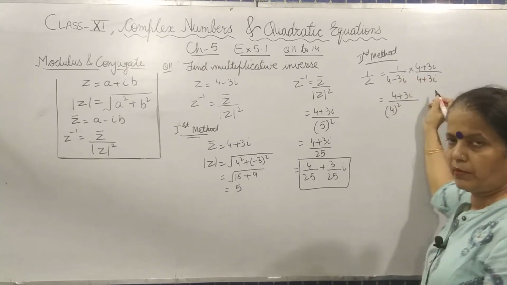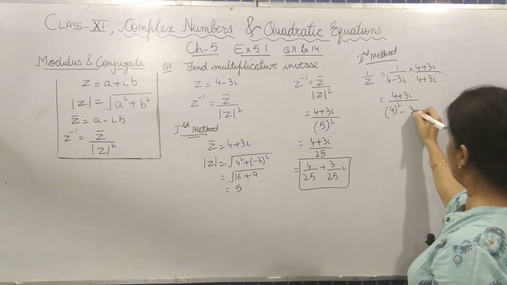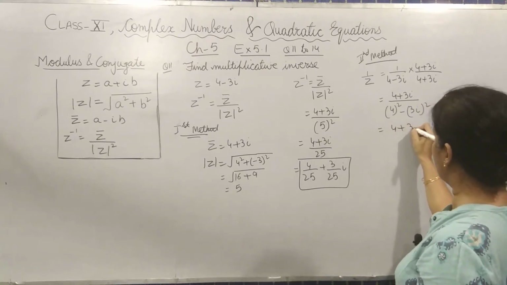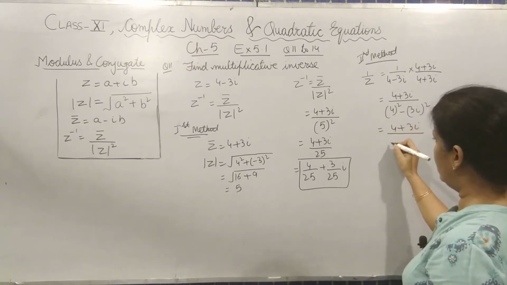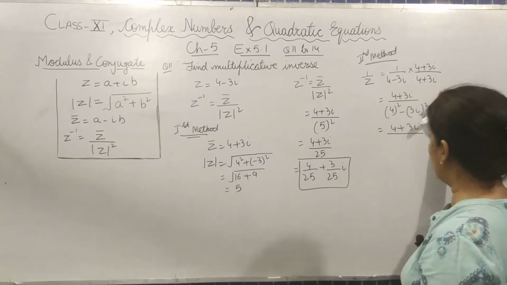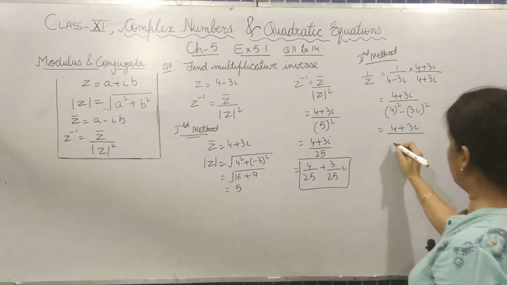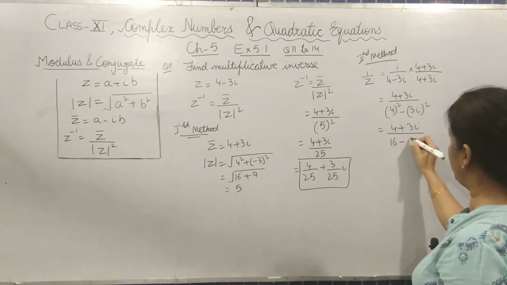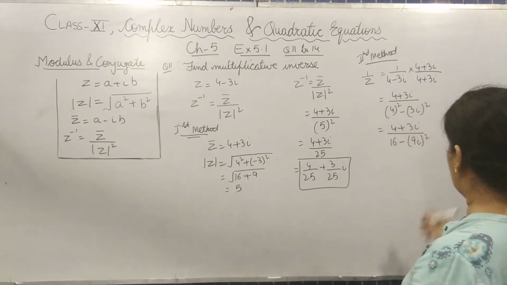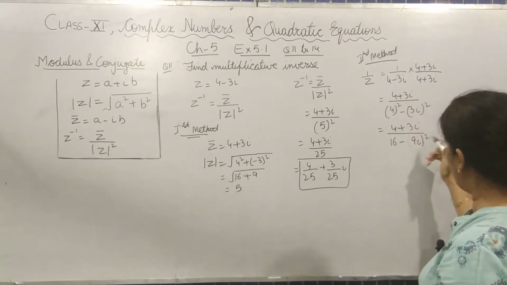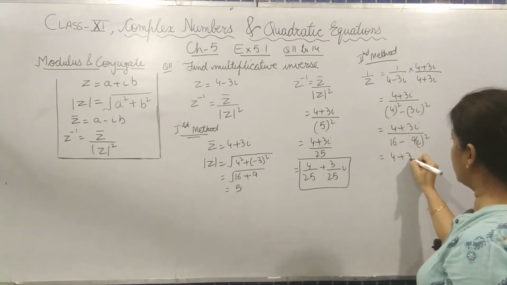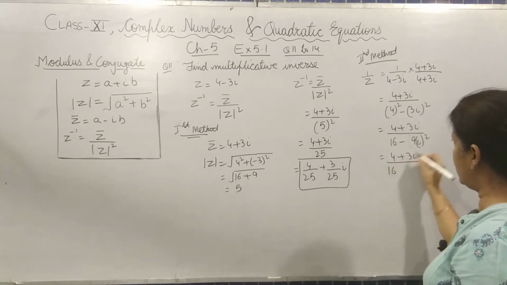A plus b into a minus b is a square minus b square, so it will come as 4 plus 3 iota upon 16 minus 9 iota square.